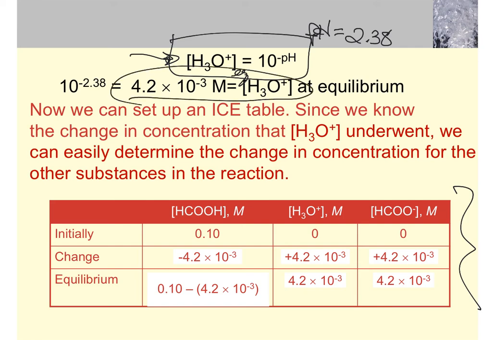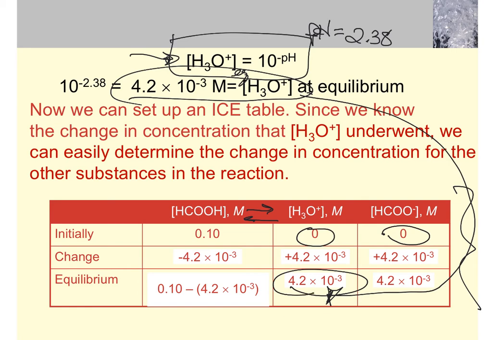And we now have the equilibrium hydronium ion concentration, which gets plugged into the ice table. And since at the beginning of the problem there was zero product, then now that we know the equilibrium concentration of hydronium ion, we know what the change was, right?